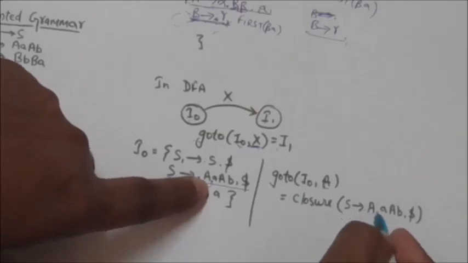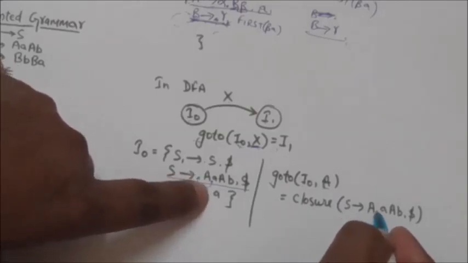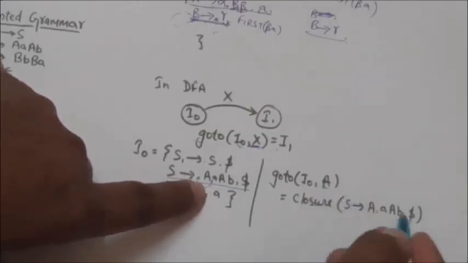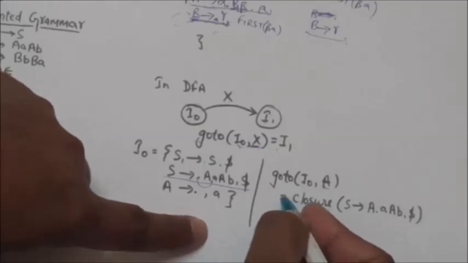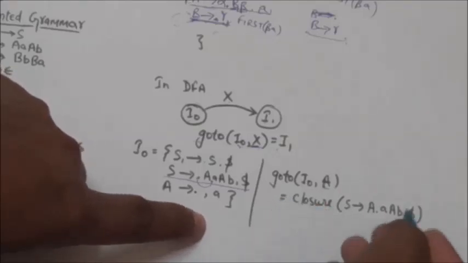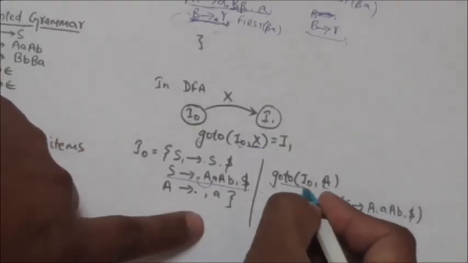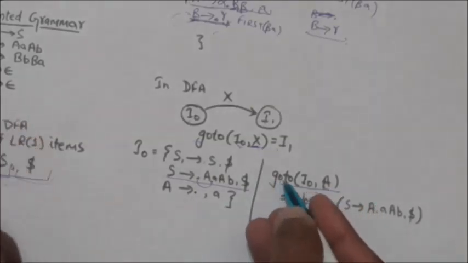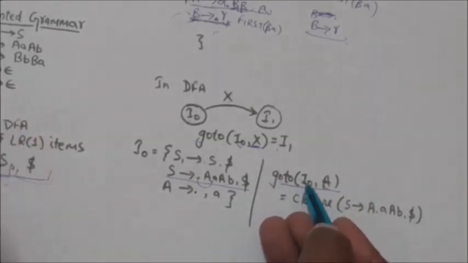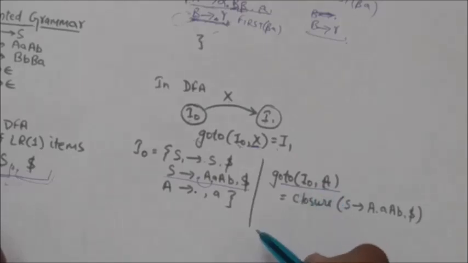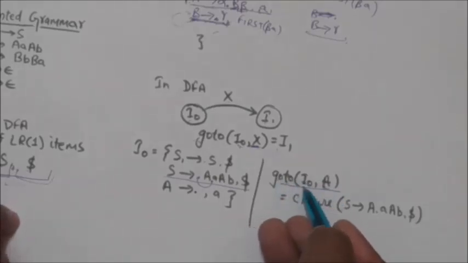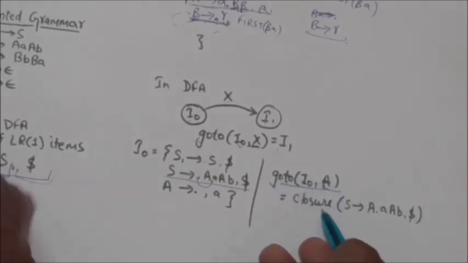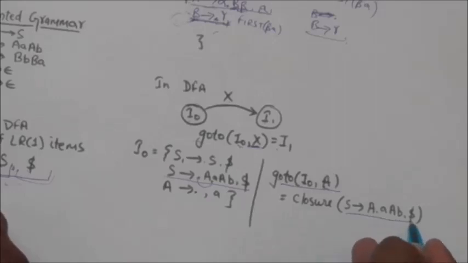Like this. Here we have shifted this dot to the right of non-terminal symbol A, and then we will take its closure, right? Then we will take its closure. So this will be the output of this Goto function for input I0 and A, right? So Goto I0 A will be the closure of this LR1 item.